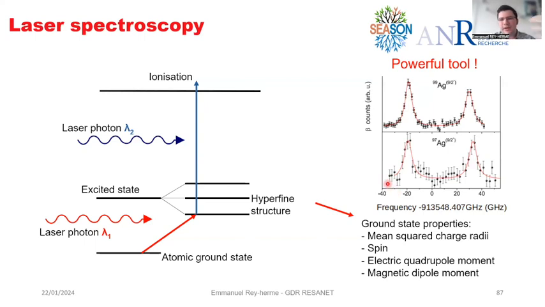And this hyperfine structure arises from correlation between the nucleus and the atomic electrons. And thus it holds information on the ground state properties of the nucleus, among which the mean square charge radii, the spin, the electric quadrupole moment, and the magnetic dipole moment.